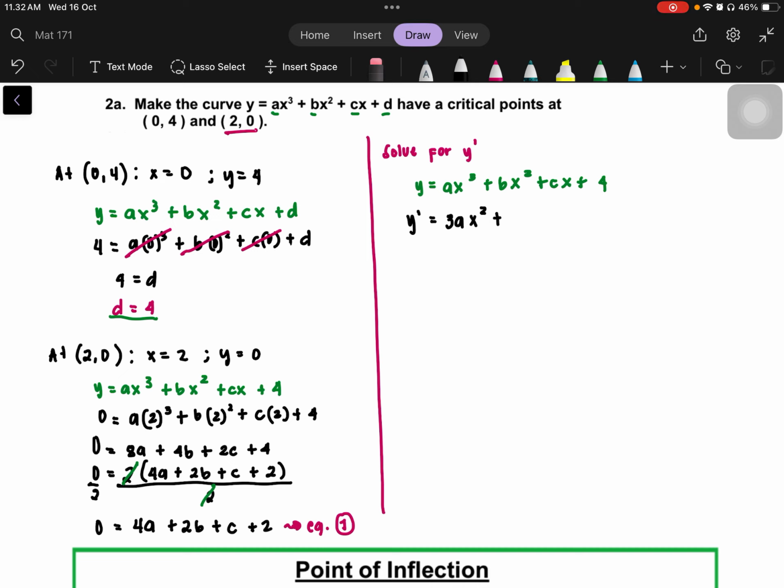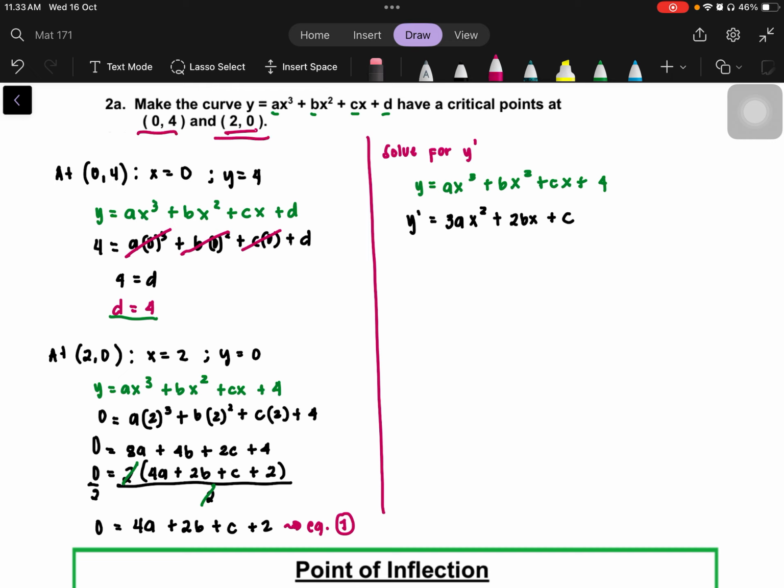Then, derivative ng ax cubed is 3ax squared plus derivative ng bx squared is 2bx plus derivative ng cx is c. Derivative ng 4 ay 0. Okay, so since we already got this, ito yung ating nakuha.